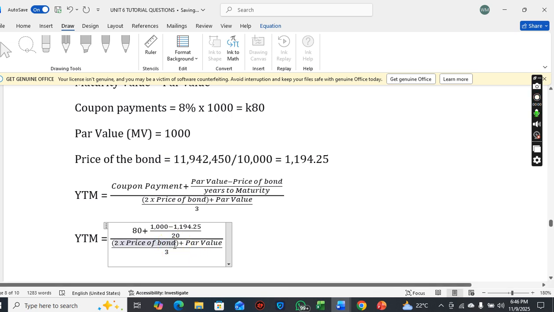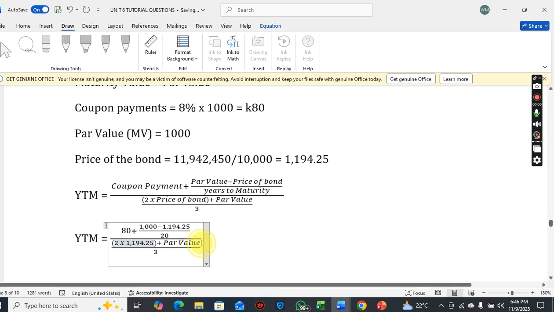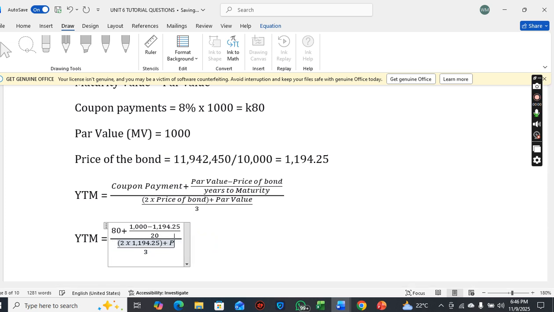Then here, price of the bond 1,194.25. Par value 1,000.